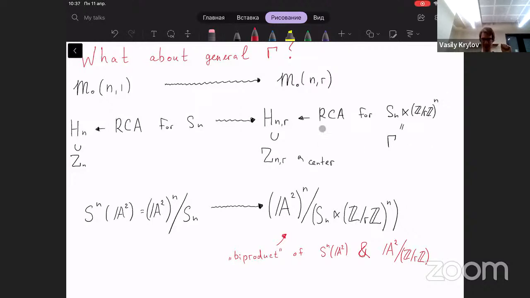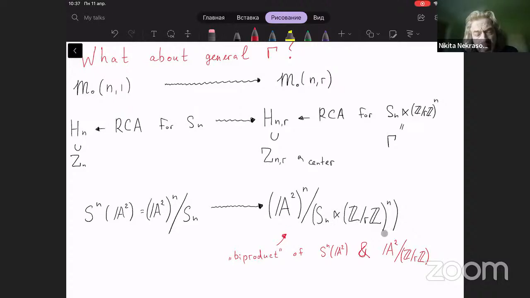Then if you consider the rational Cherednik algebra for this group, it will deform this quotient. You just take the same A2 to the power n as we have taken previously, and now quotient it not by Sn, but by this semi-direct product.